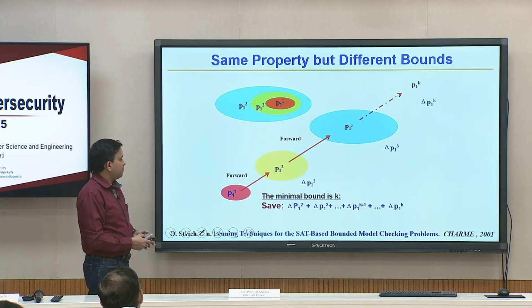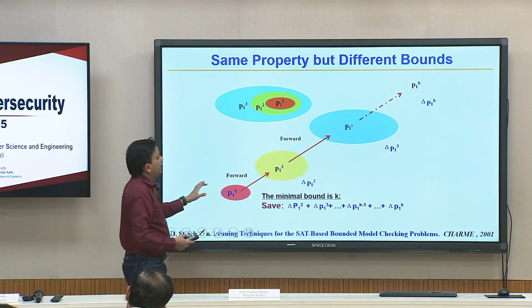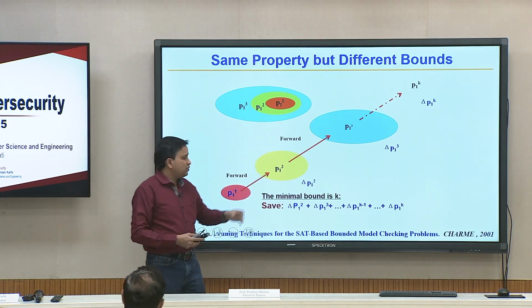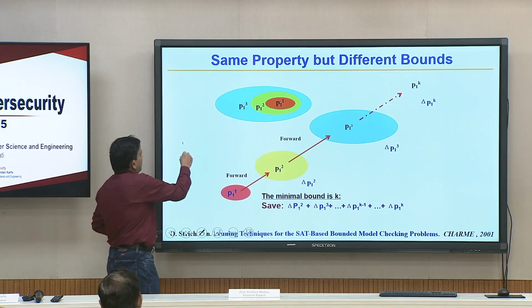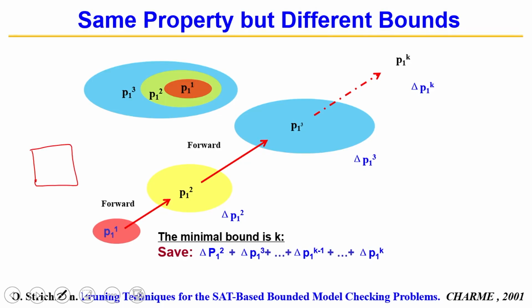So, what kind of work? This is basically an observation from Strichman. Strichman said that if you are trying to find if there is a problem in your design in one cycle, and you figured out that a solution does not exist in the left subtree, if you think of this as a tree, that observation will hold even if you unroll the design for 2 clock cycles.